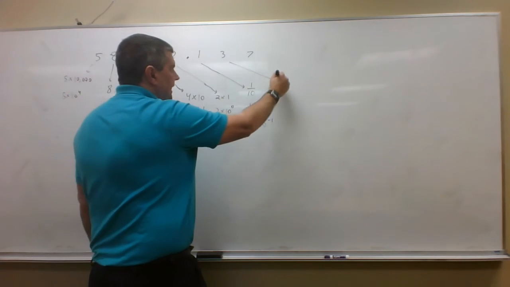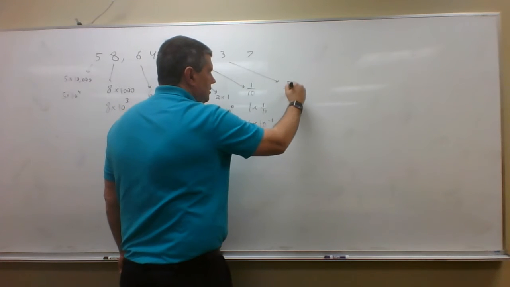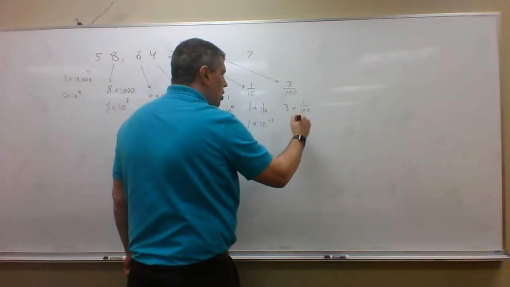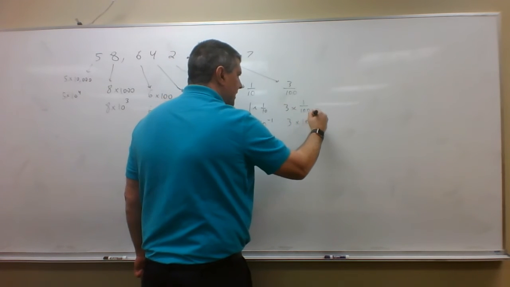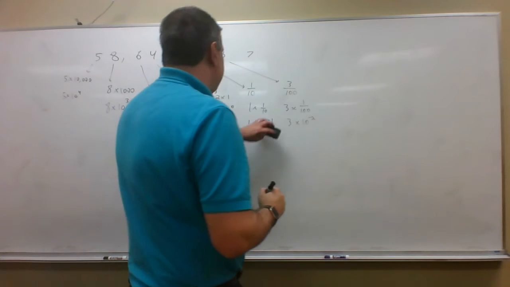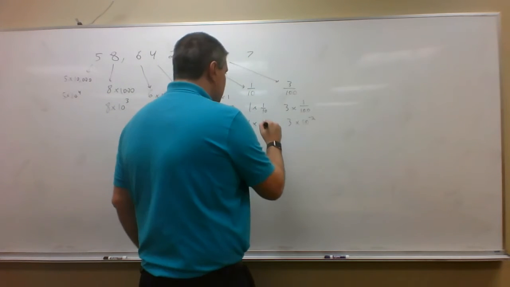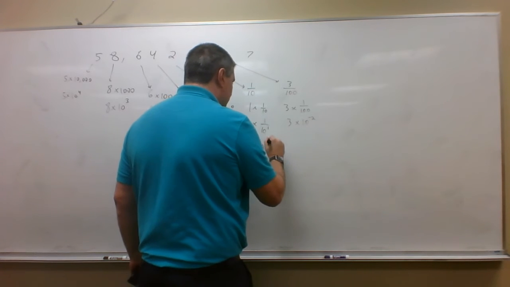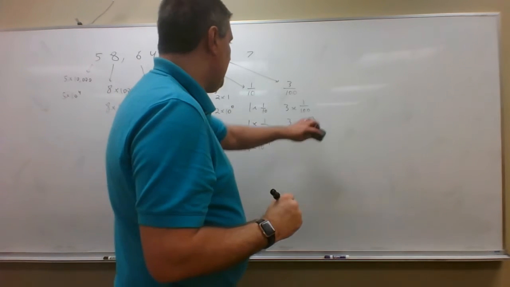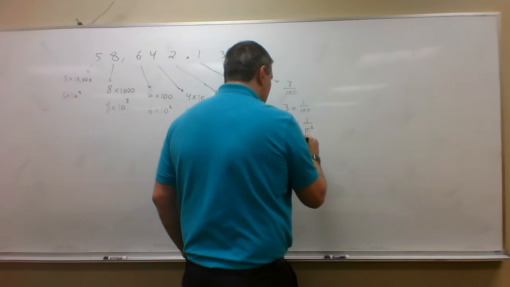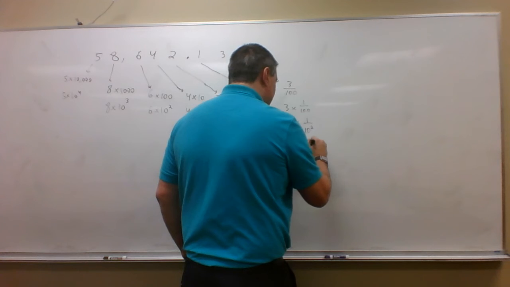This is 3 100ths, which represents 3 times 1 100th, which is 3 times 10 to the negative 2nd. Or let me make these even more clear. This is 1 over 10 to the 1st, which is 1 times 10 to the negative 1st. Okay? This is 3 times 1 over 10 squared, which is 3 times 10 to the negative 2nd.